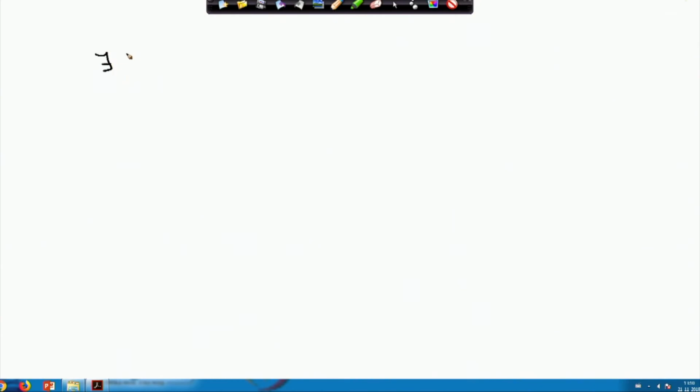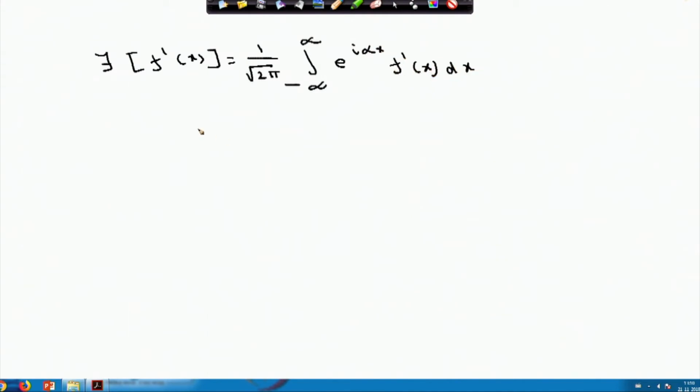I am starting with the left hand side, that is the Fourier transform of f'(x), which equals 1 by root 2 pi, integral from minus infinity to infinity, e to the power i alpha x into f'(x) dx. You can write this as d of f(x) into dx.